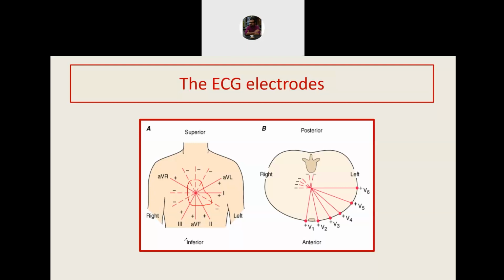They are looking at the heart from there. It is quite understandable from this diagram that lead 2, 3 and AVF are looking at the bottom part of the heart, that is the inferior wall. So 2, 3 and AVF look at the inferior wall of the heart.